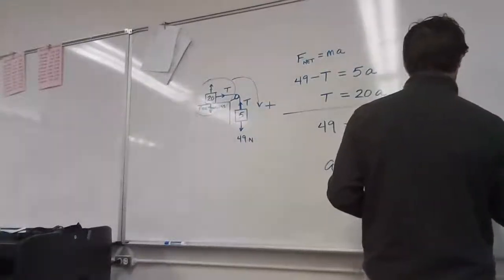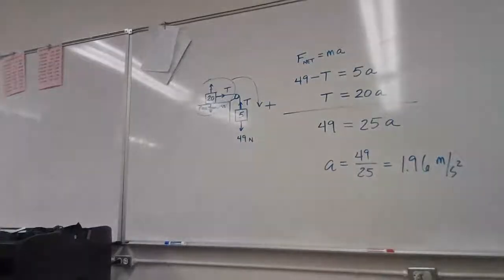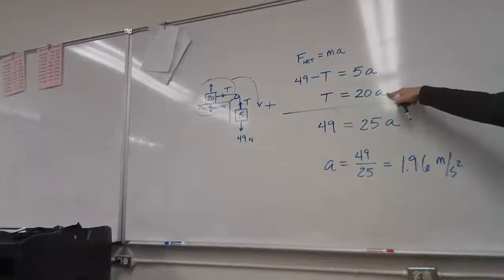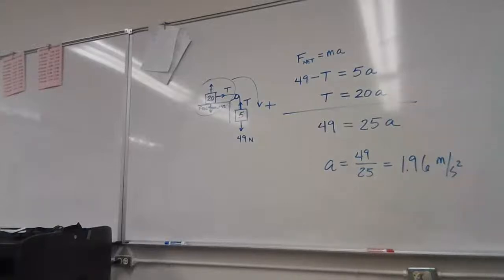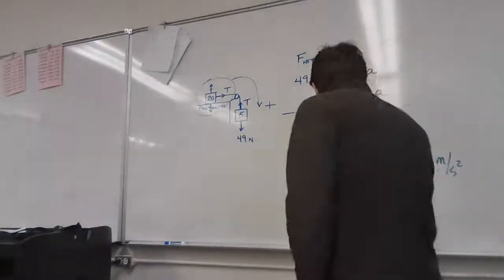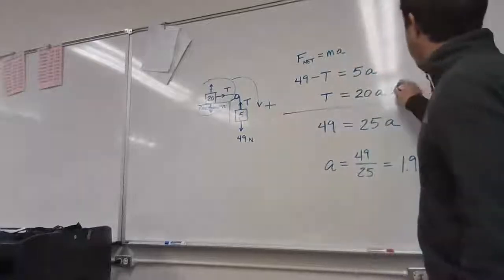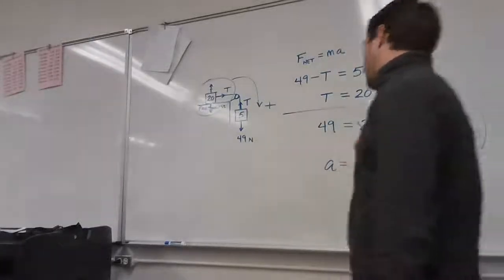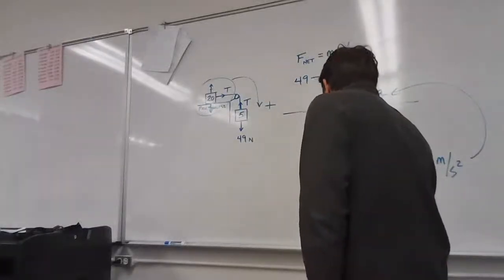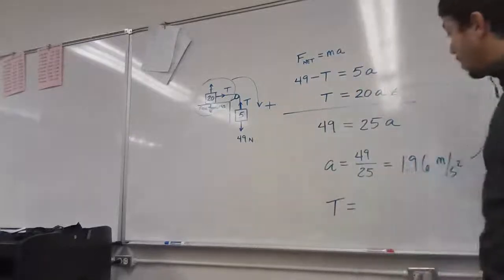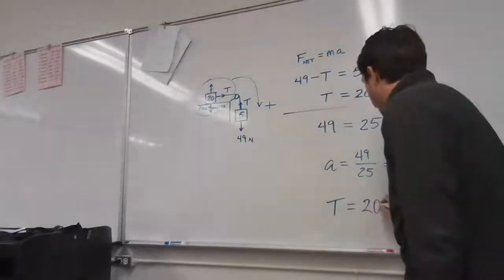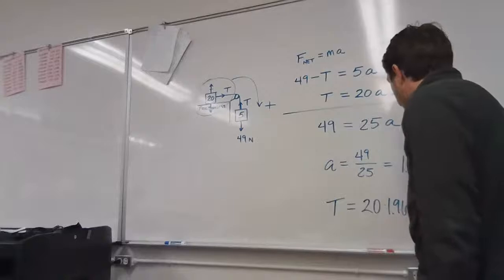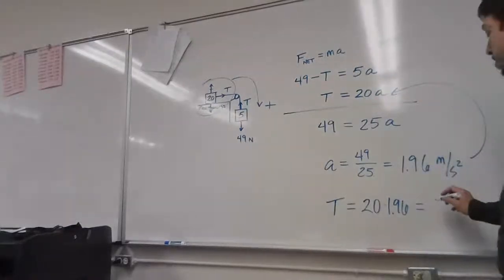Oh God, how do I find the tension? Plug it in. I can plug it back in here. There's your substitution. And you get tension. The tension would have to be 20 times 1.96. What is it? 39.2.